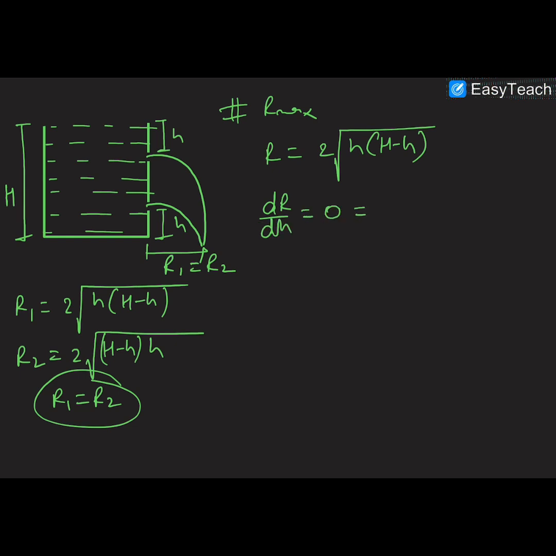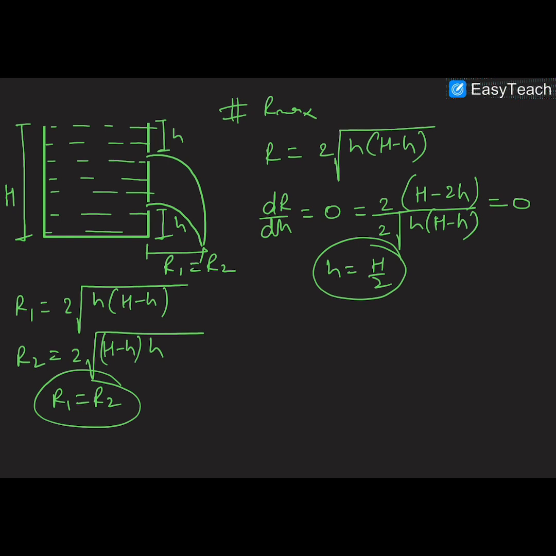So dR by dh will be 2 upon 2 under root of h into (H minus h), and in the numerator it would be H minus 2h, and that is equal to 0. So h will be equal to H by 2.